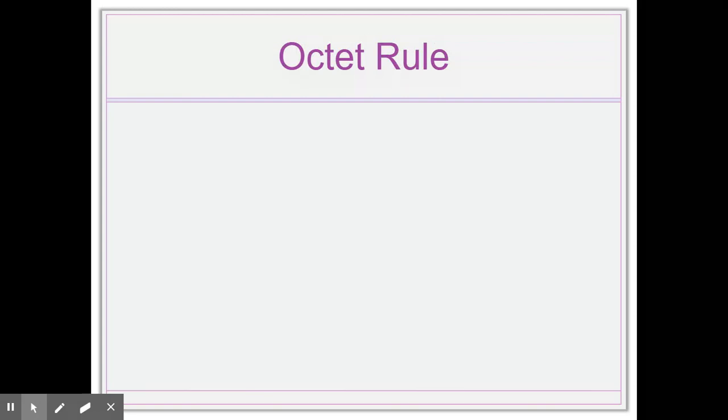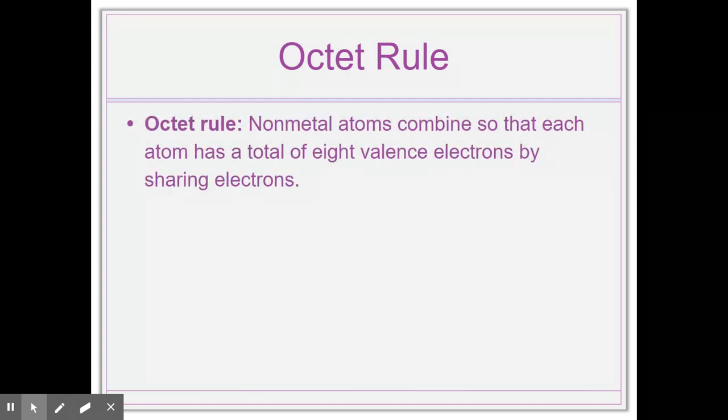Our rule that's going to govern all this is known as the octet rule. The octet rule is that our non-metal atoms, or things that make up covalent compounds, are going to combine so that each atom has a total of 8 valence electrons. They're going to get to this number 8 by sharing electrons.